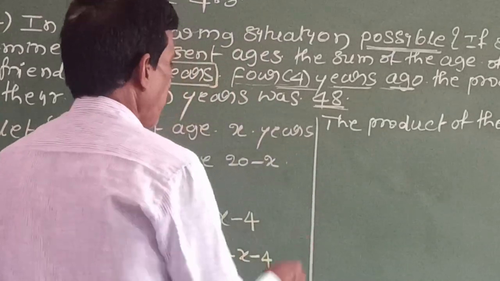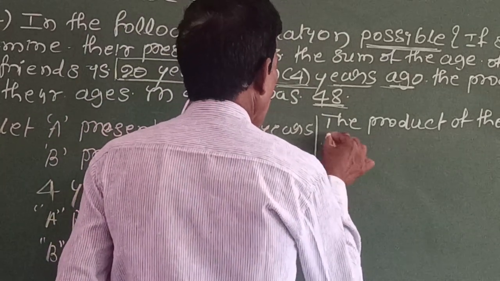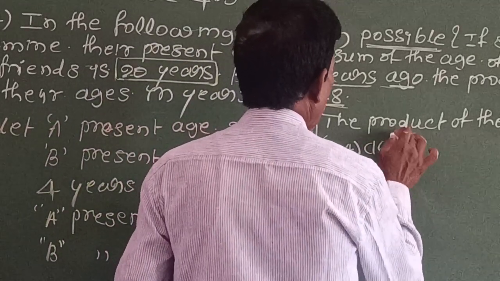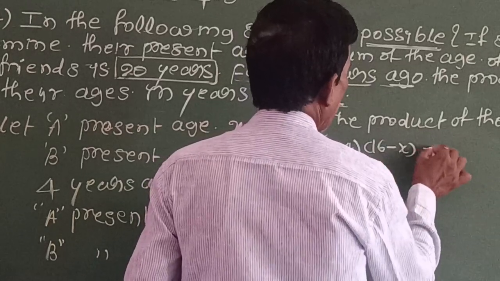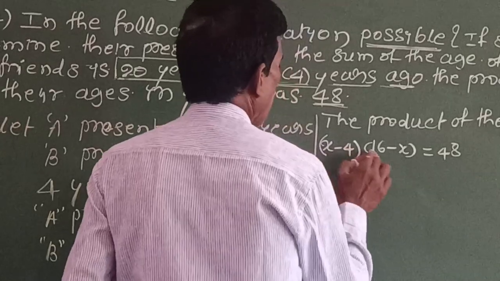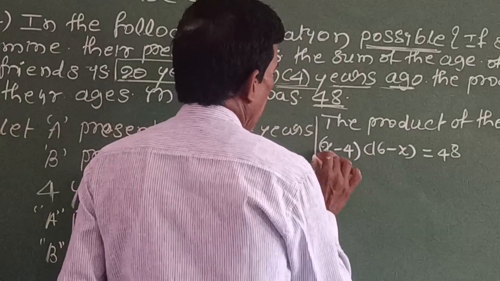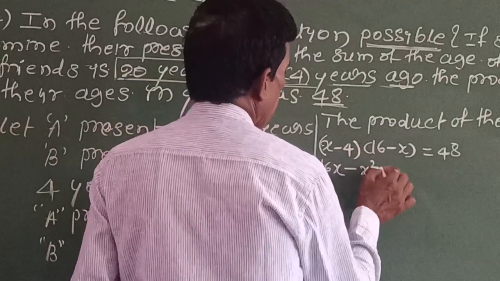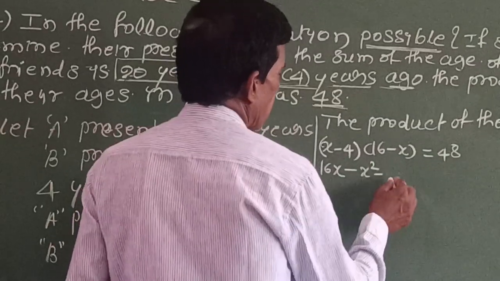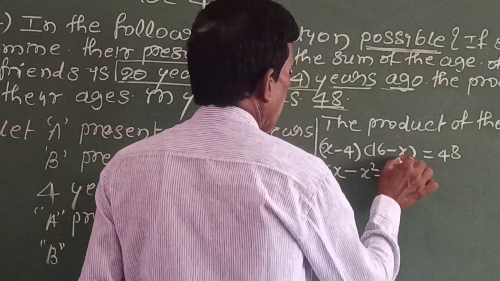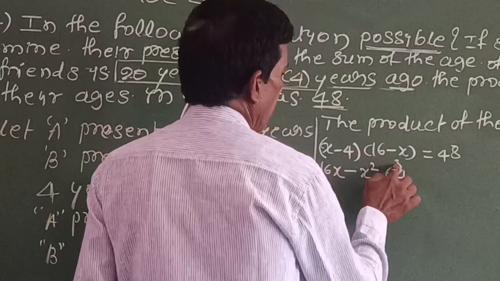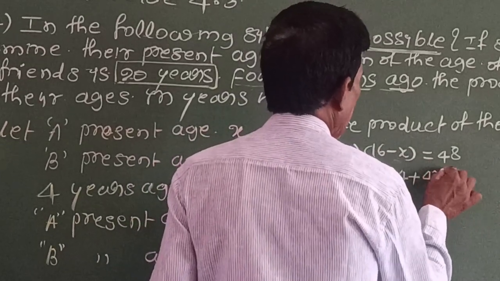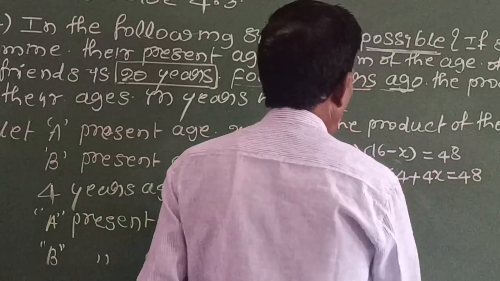So X minus 4 into 16 minus X equals 48. Multiplying: 16X minus X square minus 64 plus 4X equals 48. So 20X minus X square minus 64 equals 48.